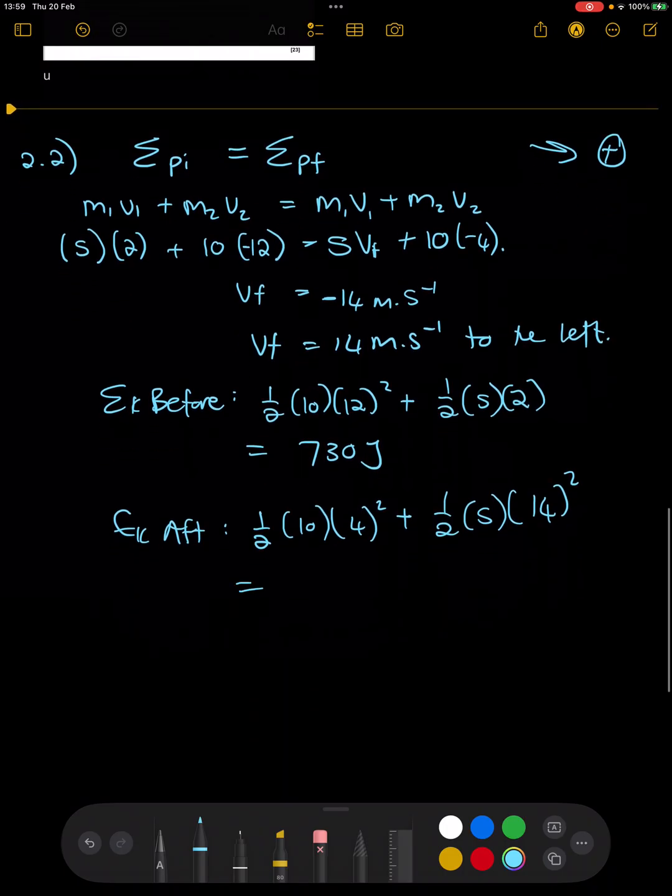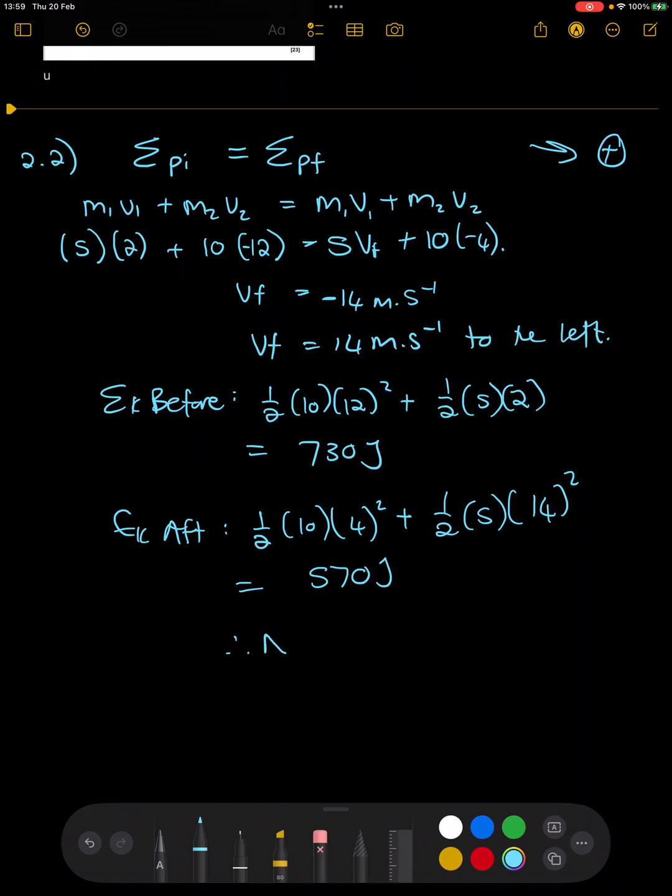And this one, the total kinetic energy was 570 joules, therefore it is not elastic, because my EK before is not equal to my EK after.